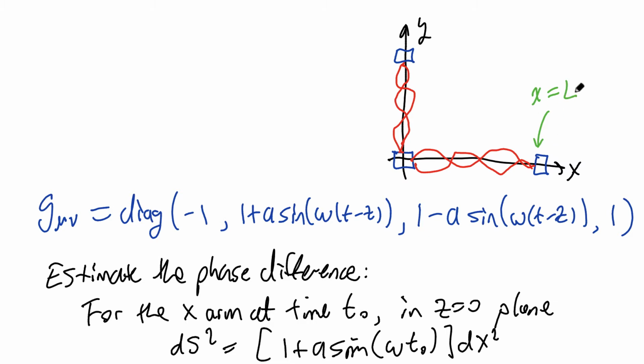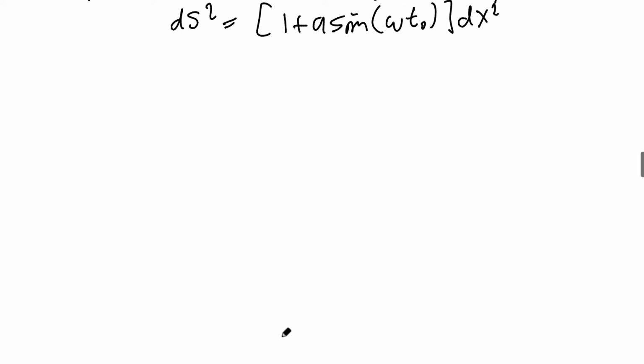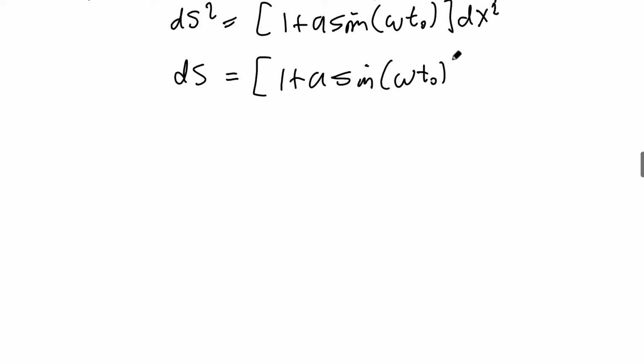So we'll let that constant be capital L. And now, taking the square root of the line element, we have ds equals square root of 1 plus a sine of omega t0 times dx.